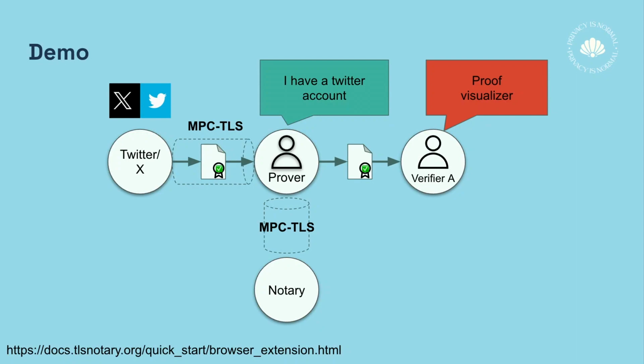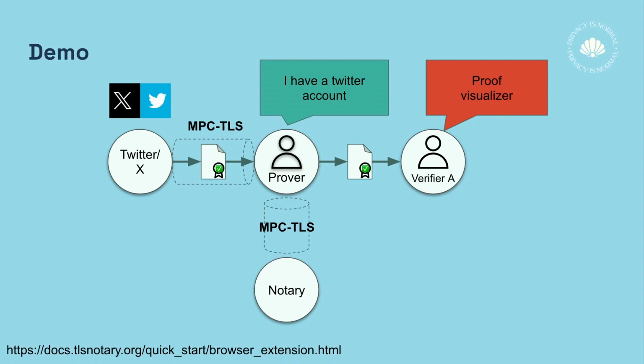So also for the notary server, I've prepared a small demo. In this use case, the prover wants to prove to a verifier: I have a Twitter account. So in this case, I'm the prover, and I will prove that I have a Twitter account, or an X account nowadays. And then as the verifier, I will use a very simple online tool that we built that just visualizes the proof and does the checks.